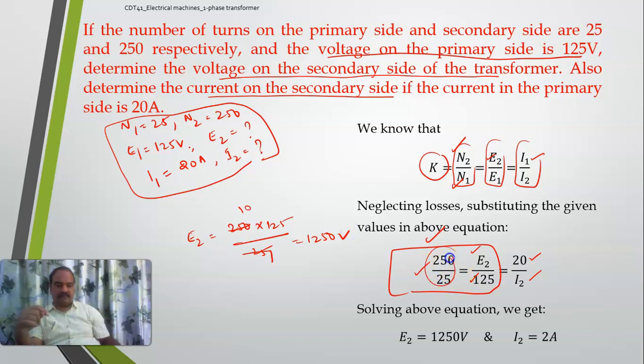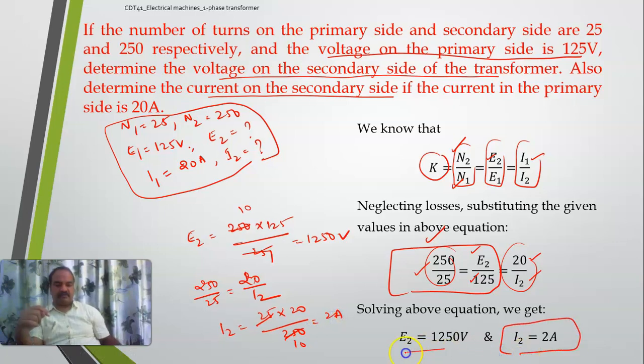Or otherwise I'll take the other two. 250 by 25 is equal to 20 by I2. What is I2? 25 into 20 by 250. What will I get? 2 amperes. So I2 is equal to 2 amperes and E2 is 1250. This is how we solve the problems.